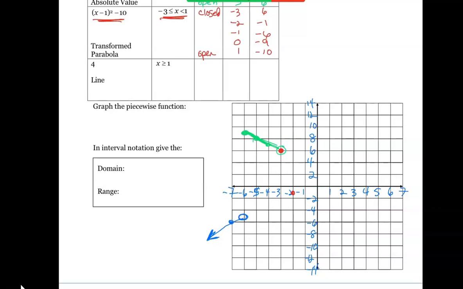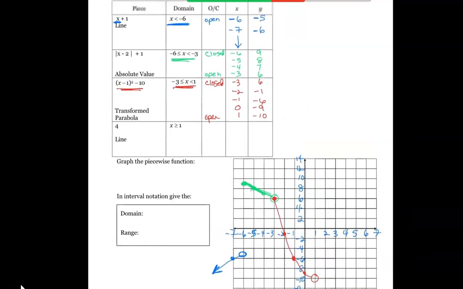Then -1 and -6, that's here. 0 and -9, that's going to be here. And 1 and -10, that's going to be an open circle right here. So then connect just the red. Okay, there you have it.